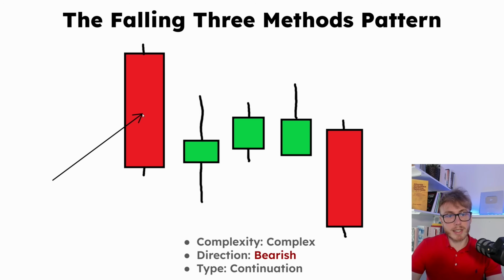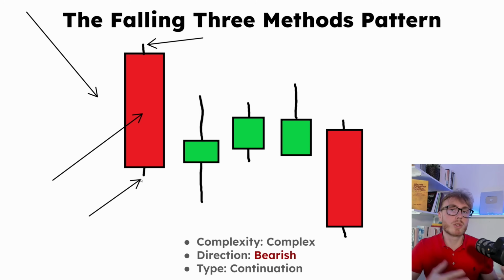The first candlestick of the pattern is a large red candle, or at least a medium length red candle. And this candle is simply the continuation of the previous downtrend. It's okay to have an upper wick and a lower wick, and it's not too important if these wicks are long or short.